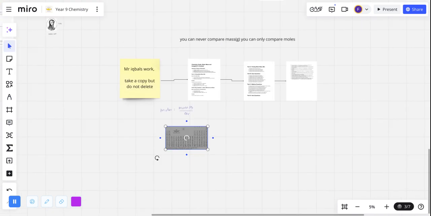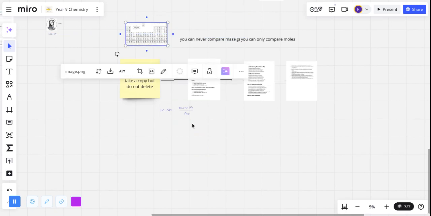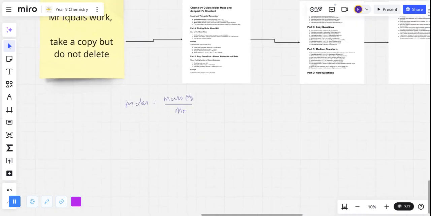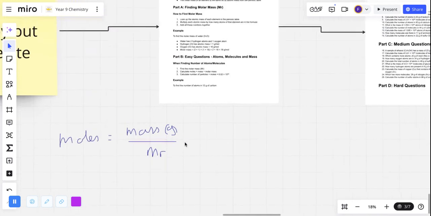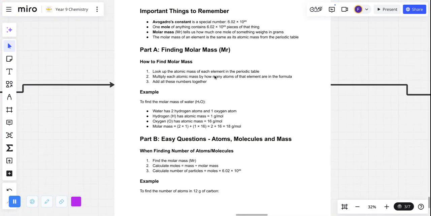So here's the periodic table. I'm going to put that periodic table here, and you are going to need it. All right, so how do I work out moles? And this should be a recap. The step-by-step here is how to find the molar mass, the relative molecular mass, the Mr, or relative formula mass.